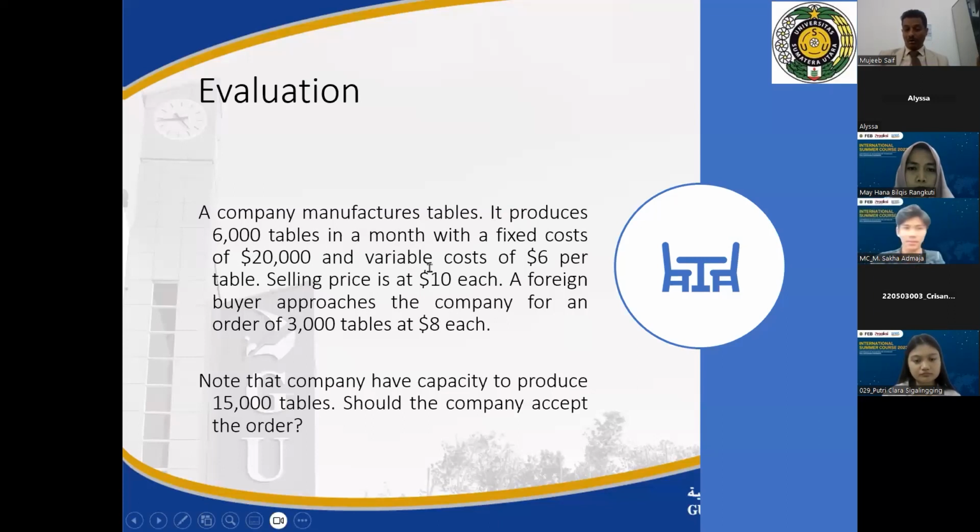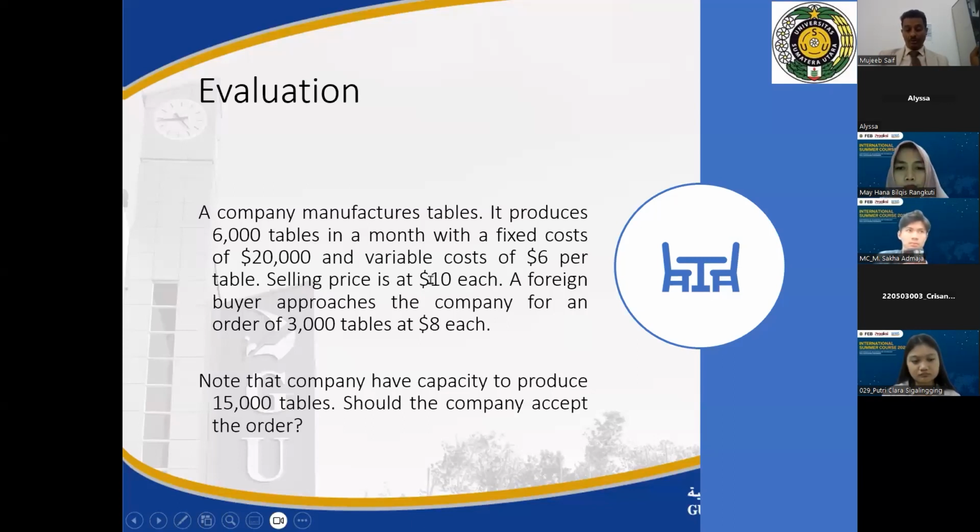And the variable cost for each table is $6. The selling price is $10, not BD, it is dollars. So we have all this information regarding producing this table and the sales price.